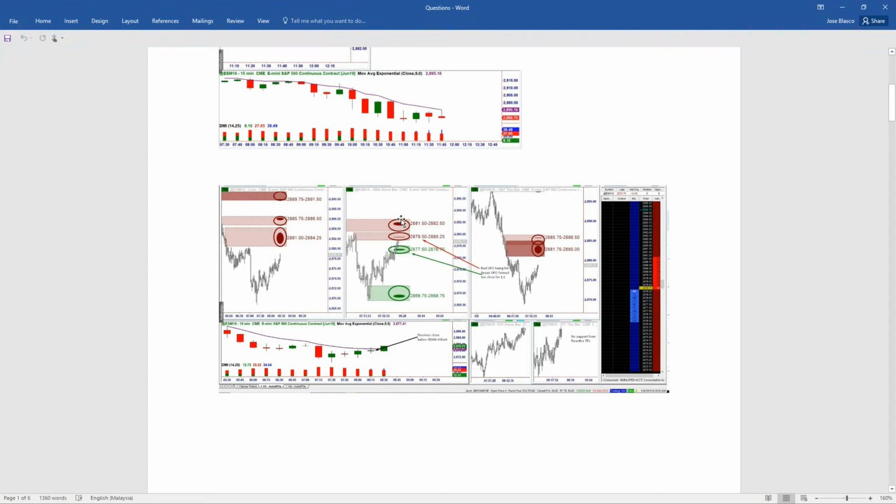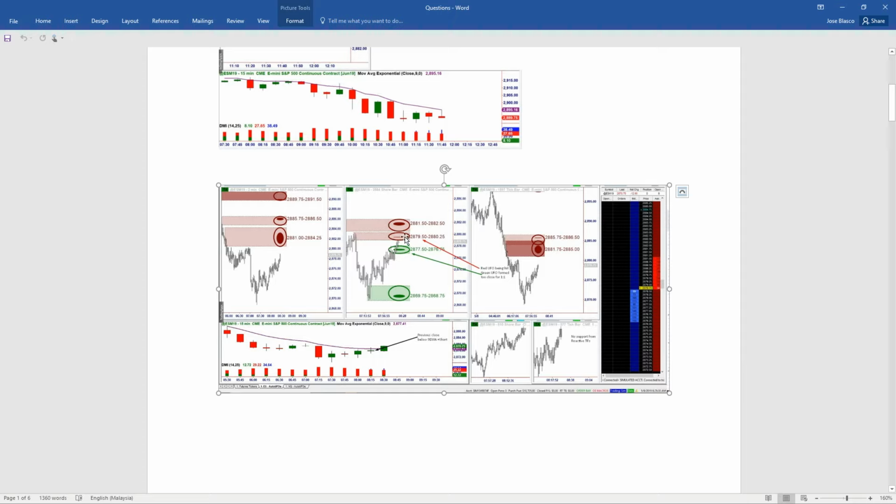But the problem is that when you have 2 UFOs overlapping each other, the resulting distance from entry to stop is greater, and therefore those tiny UFOs that form as price is returning into our entry UFO many times will be a little too close for our taste. So when you only have 1 UFO, normally this almost never happens. When you have 2 UFOs or 3 overlapping each other, then it's common that it happens.